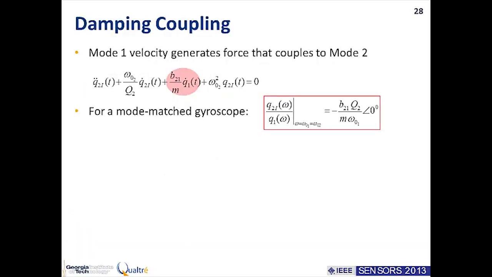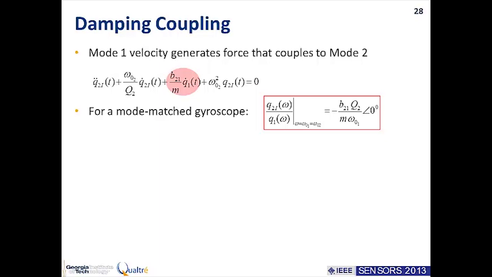Damping coupling is an effect that is a little bit harder to understand, but in general terms is a signal that is proportional to the velocity of one mode acting on the other. And the reason this type of imperfection is so critical is because in reality it doesn't really cause the modes to split, so it doesn't really create a delta F, assuming that your Qs are high.